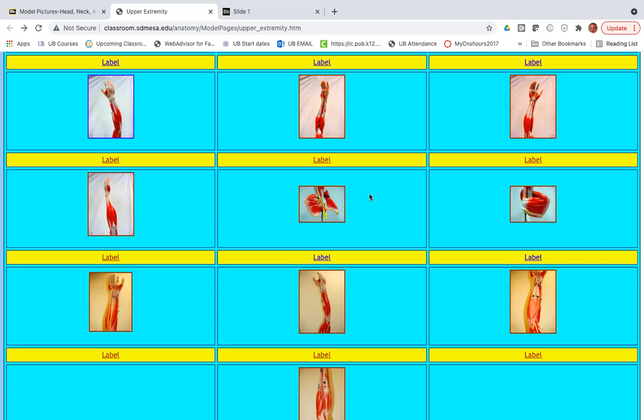Welcome everyone, Dr. Lindner here, and in this lecture, we're going to be looking at the muscles of the upper extremity. Hopefully at this point, you've reviewed some of my videos that go over the ranges of motion where I actually demonstrate what shoulder flexion looks like, shoulder extension, shoulder internal and external rotation, shoulder abduction and adduction, horizontal adduction and abduction. It's really important to know what these actions look like so that you're not just doing pure memorization.